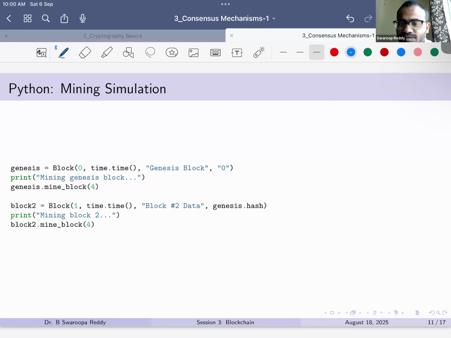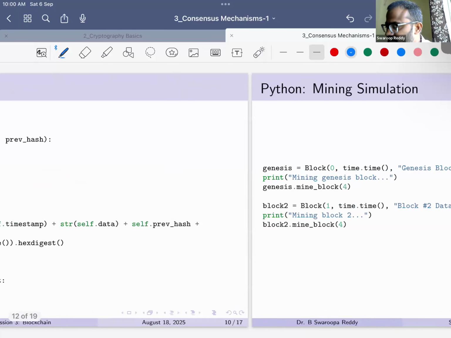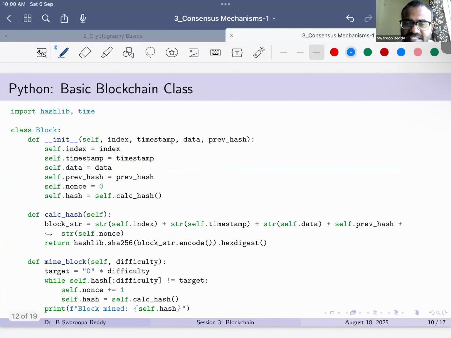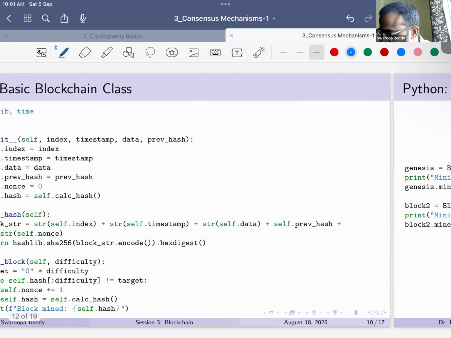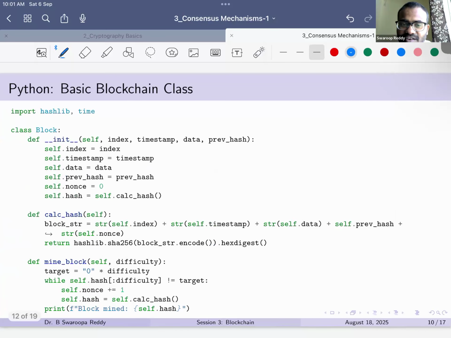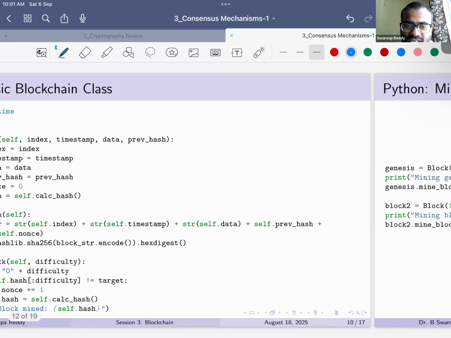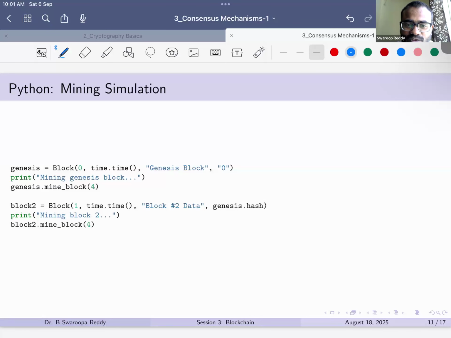Nonce is zero, previous hash is zero. And we are mining the block by giving the difficulty value as 4. It's not the nonce value. We are passing this difficulty to this function mine block, and we are calculating that block.